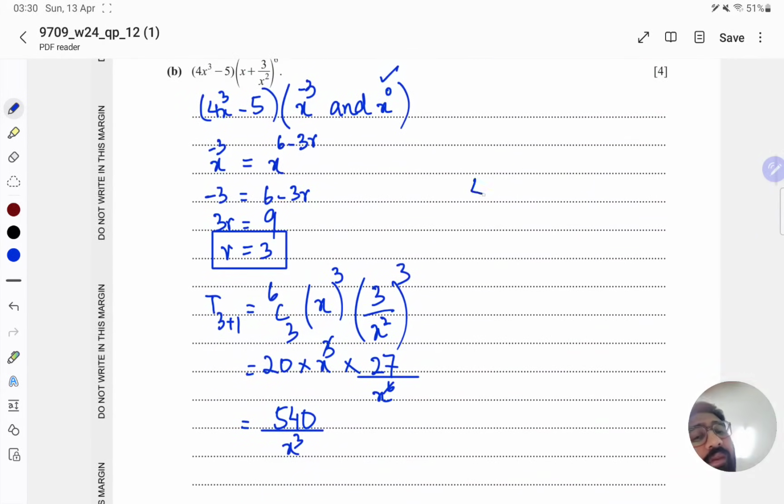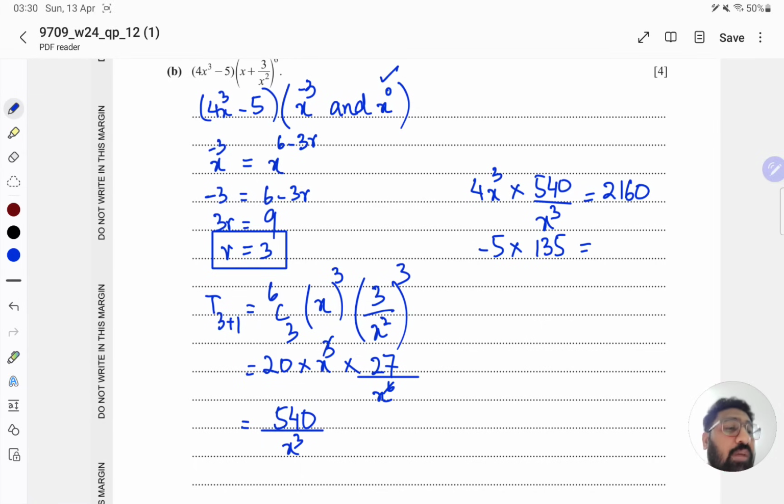I need to multiply 4x cube with 540 over x power 3. That is going to yield me a term which is independent of x. So 540 times 4 is 2160, and minus 5 will multiply with 135, both of them not having any x with them.